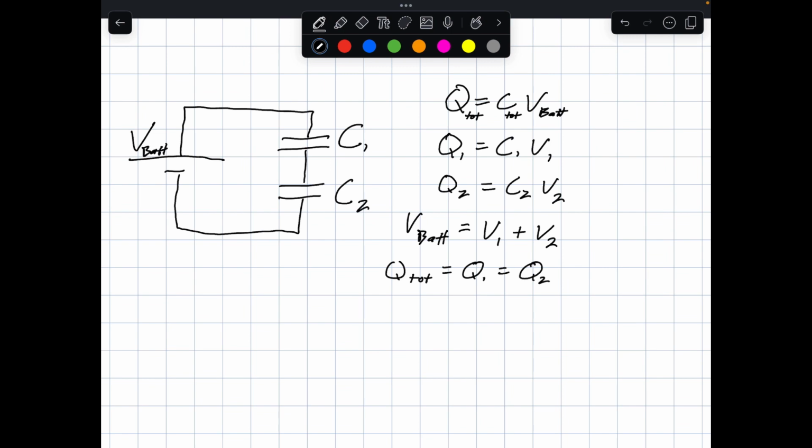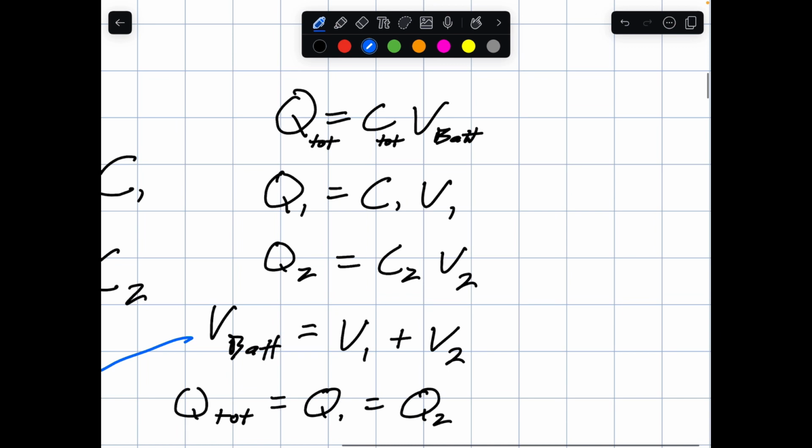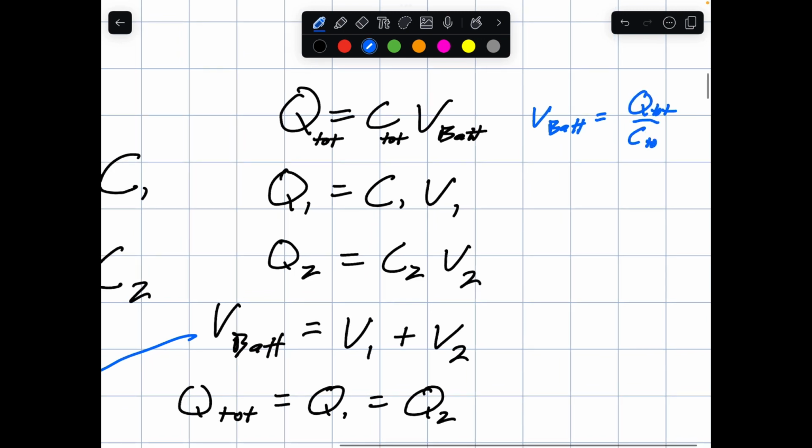Okay, so now what we're going to do is take this equation, but substitute in our other equations. So V bat is equal to Q total over C total. And V1 equals Q1 over C1. And V2 is Q2 over C2.